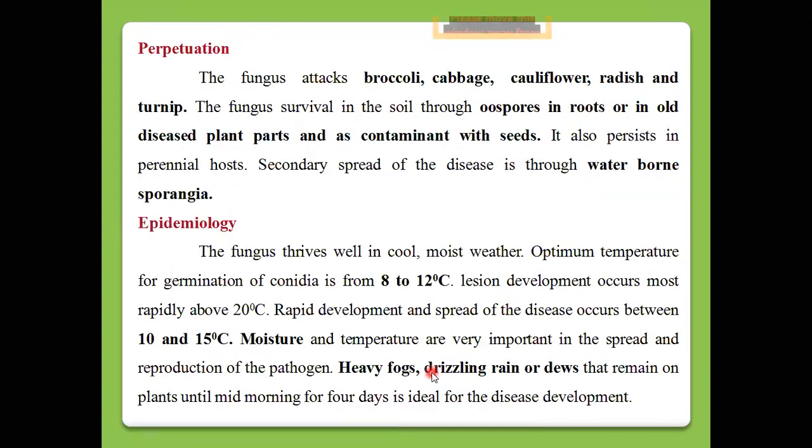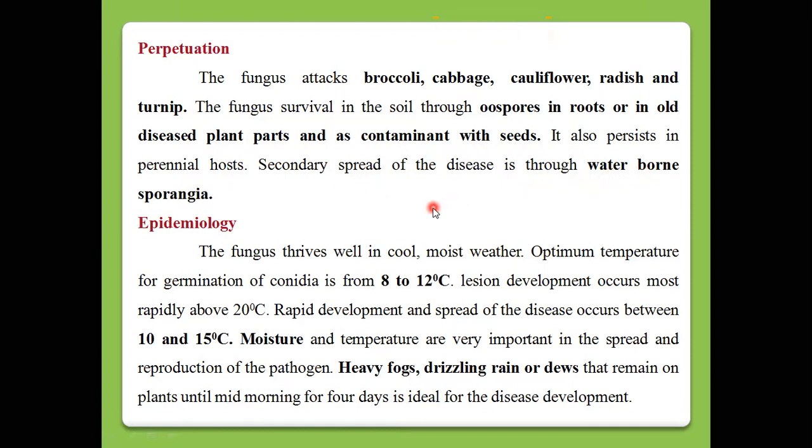In this case also, primary infection takes place through oospores present in the soil or infected plant debris in the soil, or contaminated seeds used for sowing, so disease is produced 100%. Secondary infection takes place through sporangia and zoospores through water or wind.